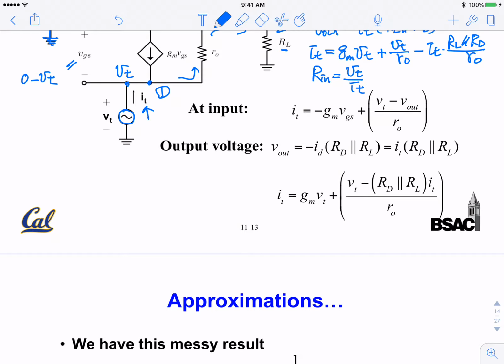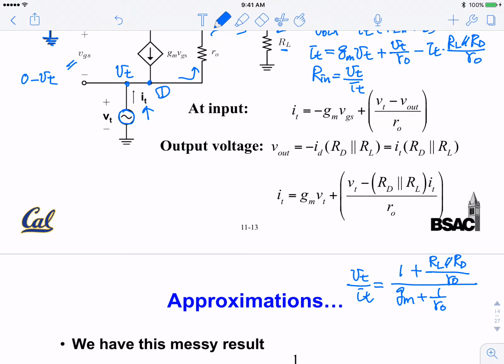VT divided by IT: the VT terms are gm plus 1 over R0, and the IT terms are 1 plus RL parallel RD over R0.